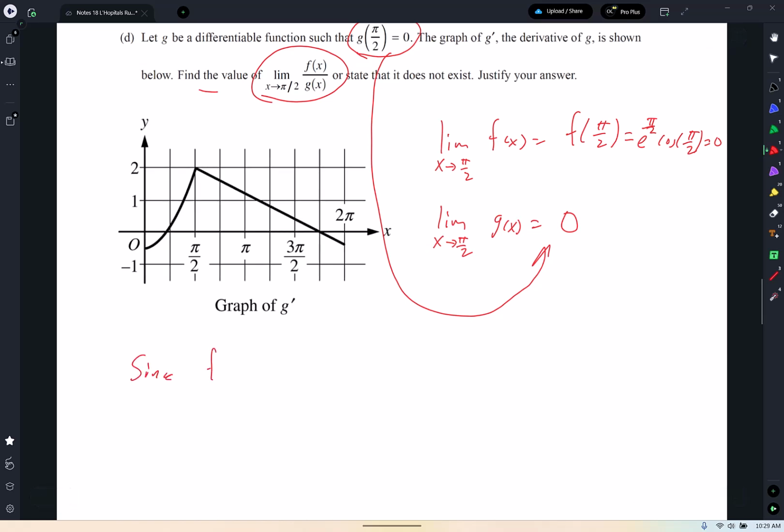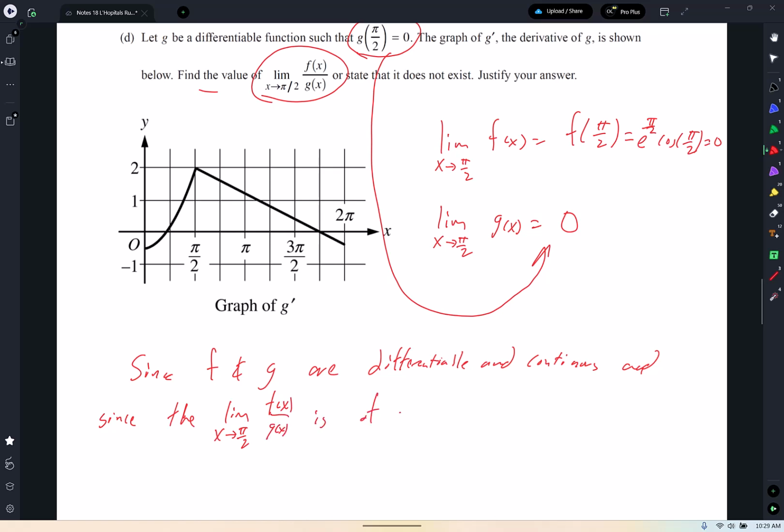Since f and g are differentiable and continuous, and since the limit as x approaches pi over 2 of f of x over g of x is of indeterminate form, we may use L'Hopital.